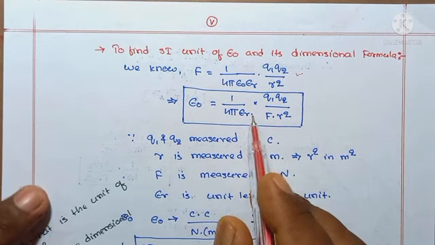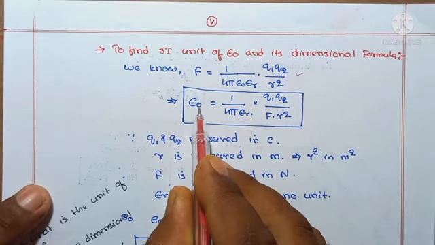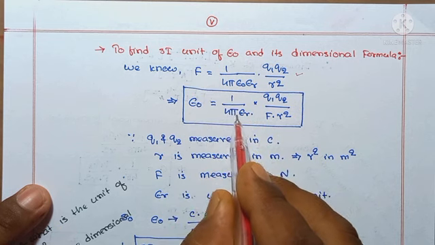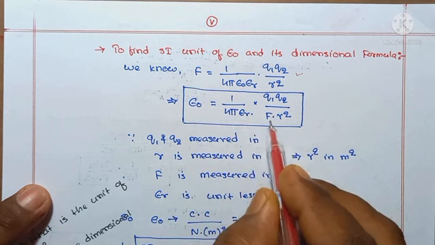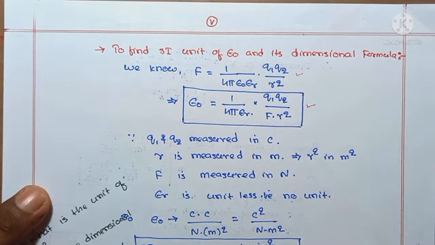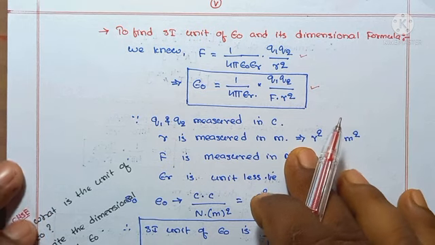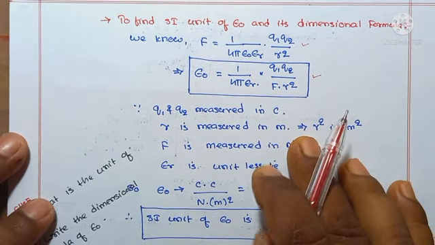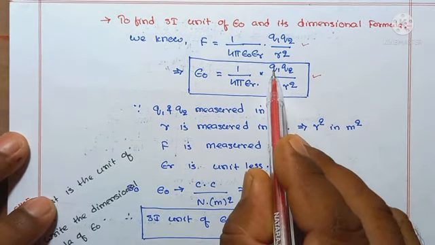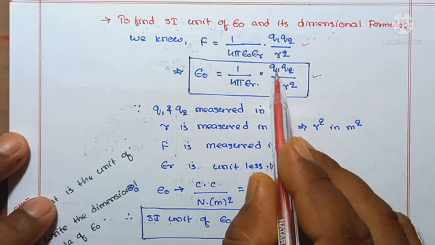From this relation, we can calculate epsilon 0, that is 1 by 4 pi epsilon r Q1 Q2 by F r square. First we will calculate the unit, then we will calculate the dimension. Here Q1 is charge, Q2 is also charge.